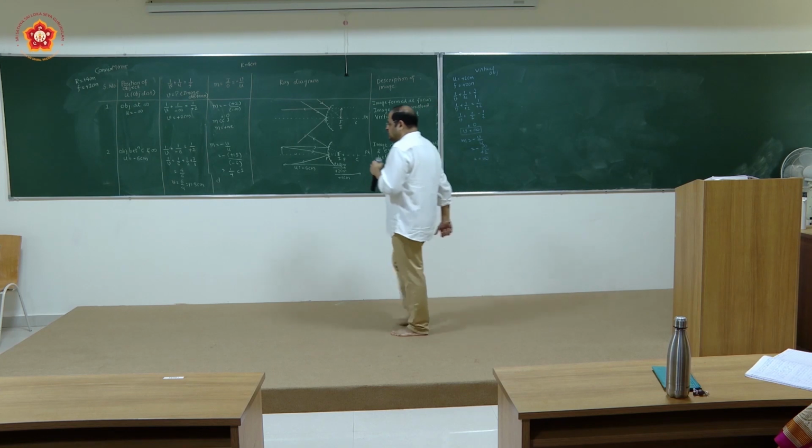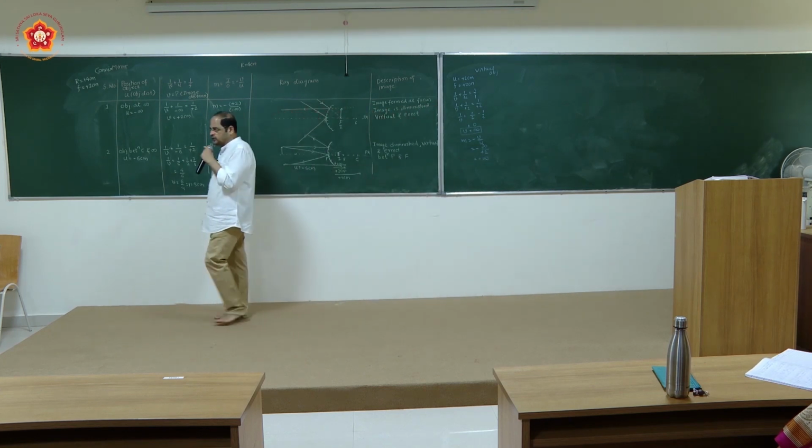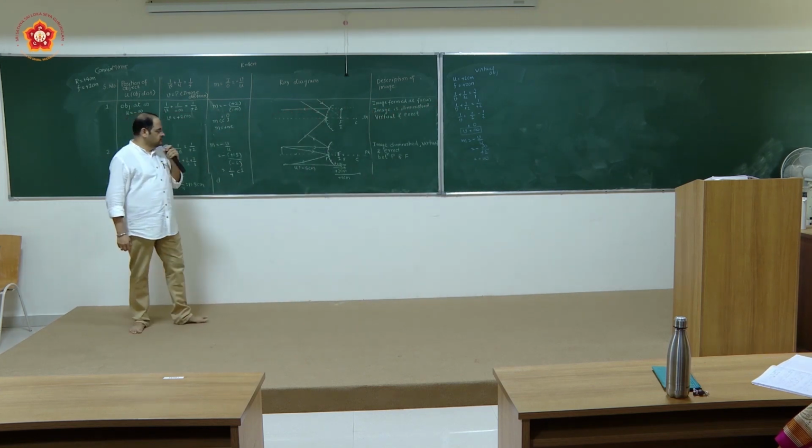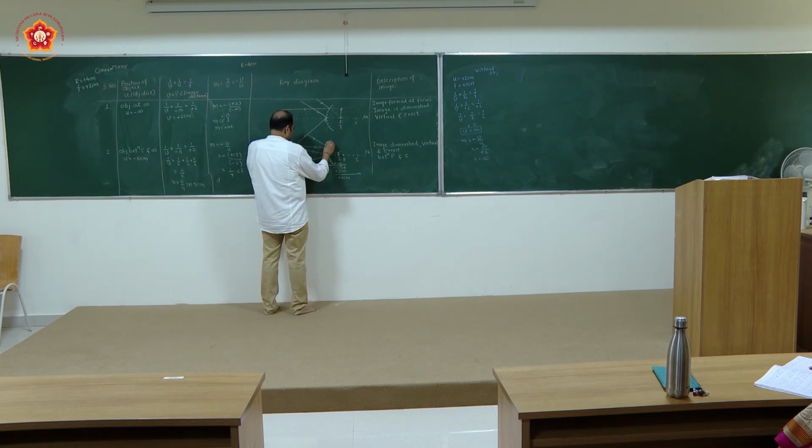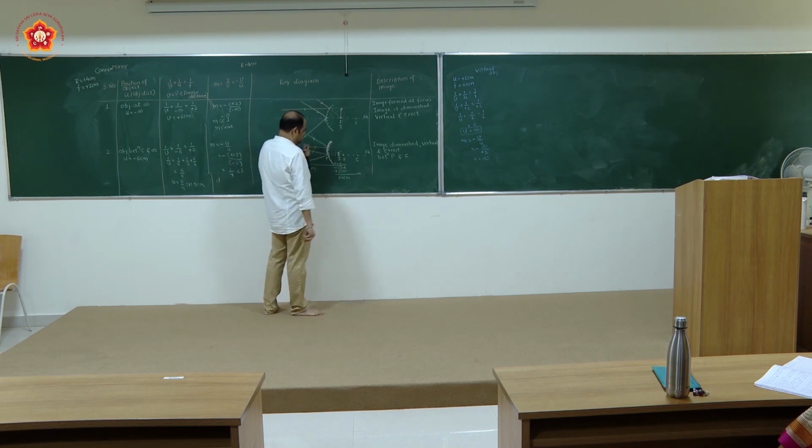Now, you are having the second condition on the board, right? Suppose I cover this particular portion of the mirror by a black paper. Half of the mirror is covered with a black color.